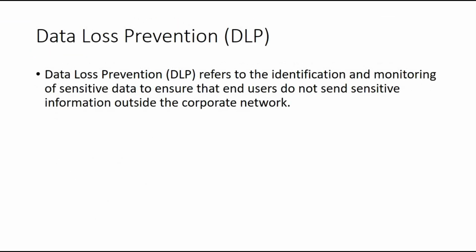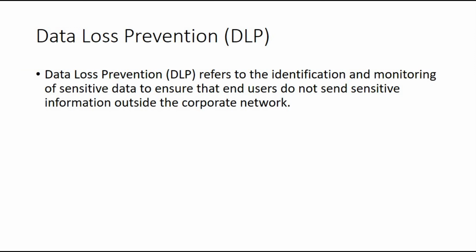And the next one is data loss prevention, which is also known as DLP. So what is data loss prevention? Data loss prevention refers to the identification and monitoring of sensitive data to ensure that end users do not send sensitive information outside the corporate network.